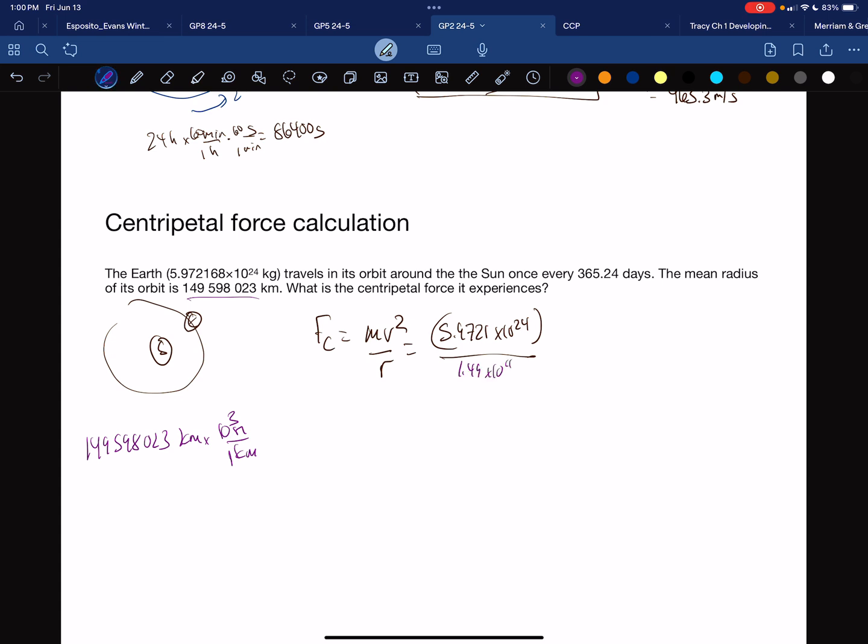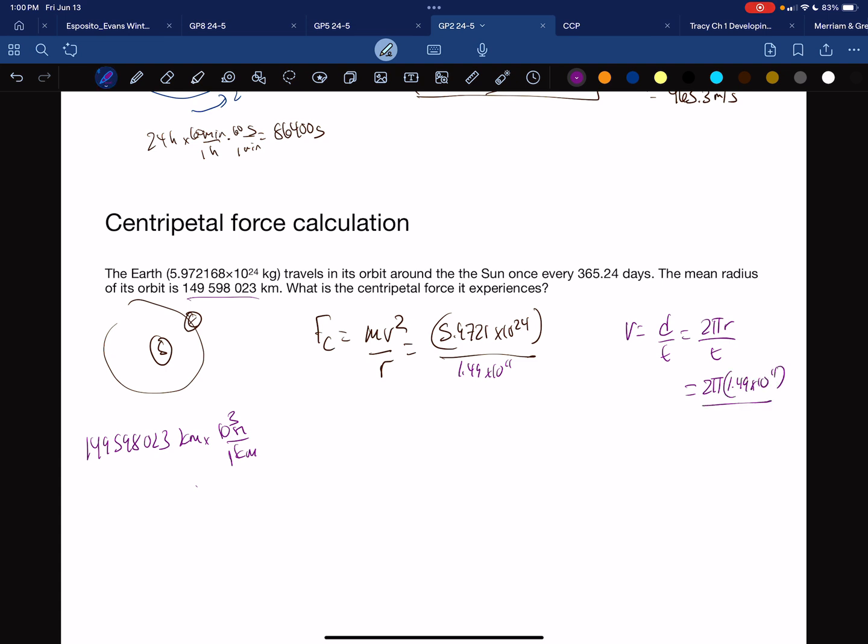But we still need the velocity. Well, the velocity is the distance divided by the time, which is 2 pi r over t. So 2 pi times 1.49 times 10 to the 11th.